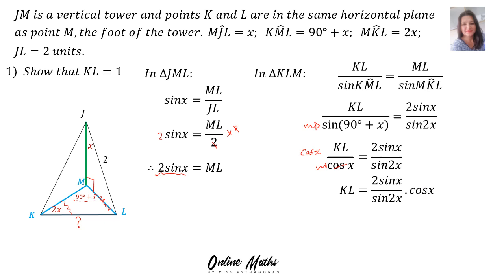And then on the right-hand side, the next thing that I can see here is sin 2x. That's a double angle. There's only one option on the formula sheet, and I can write it as, at the bottom, 2 sin x cos x. And then cos x and cos x can cancel, sin x and sin x can cancel, 2 goes in itself once, 2 goes in itself once. Therefore, KL is equal to 1.